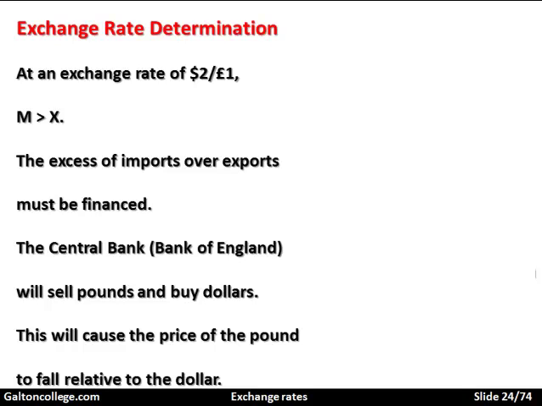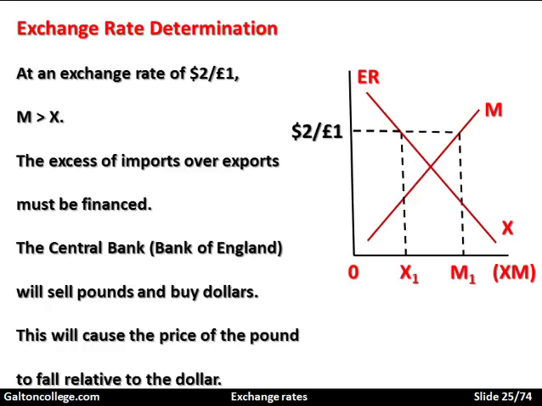This will cause the price of the pound to fall relative to the dollar. So at, say, $2 to the pound, we have imports greater than exports. We have M1, which is greater than X1.